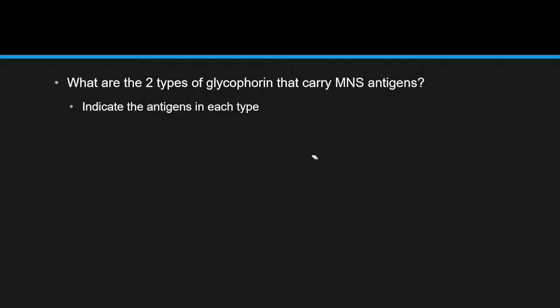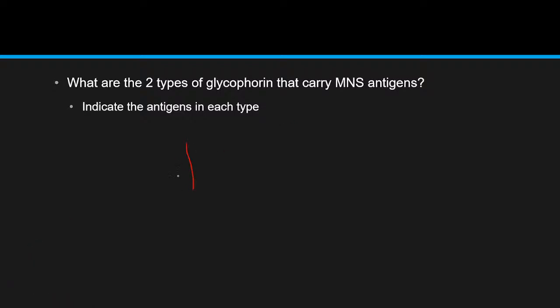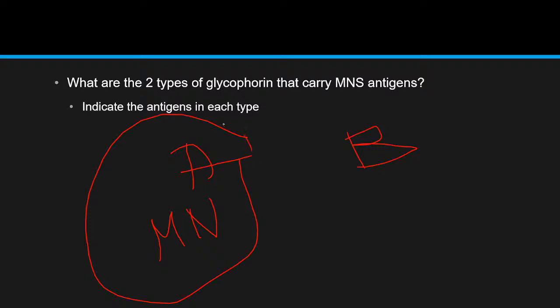The first one is glycophorin A, and the second is glycophorin B. Now each antigen has a different designation for that one.